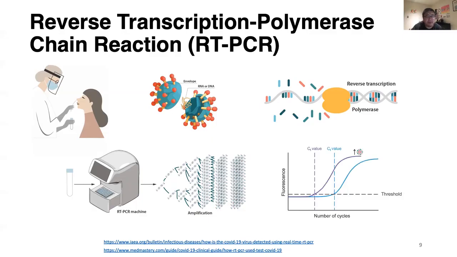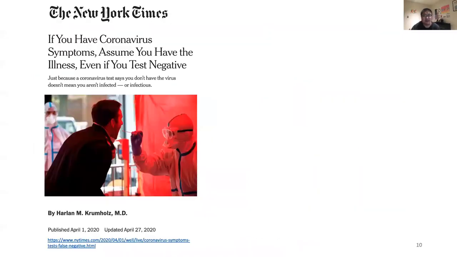But one problem of this process is, as this New York Times article states, there could be a high false negative rate. It is estimated there could be more than 30% false negatives, which means that these patients, although the testing is negative, could still be infected by the virus and become infectious later on.